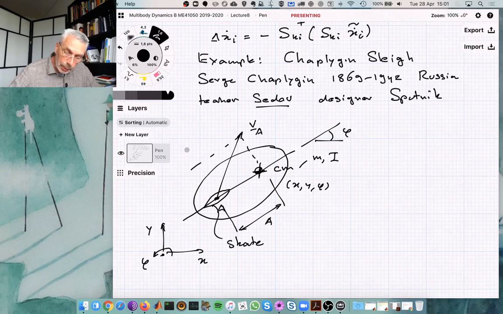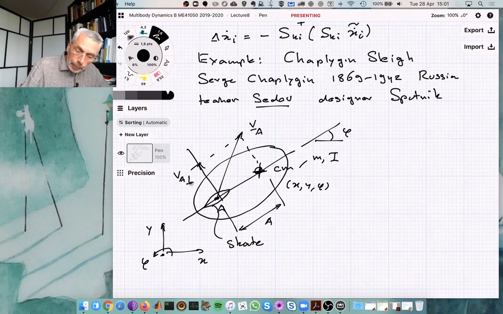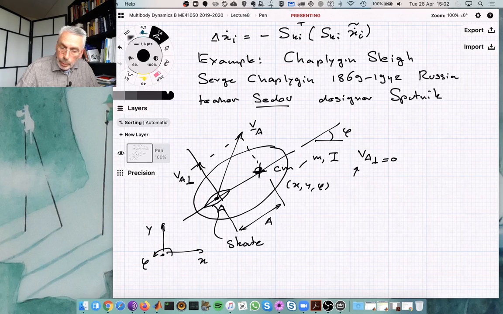Especially for this part of the velocity, this V_A perpendicular, we have to say that it should be 0. So V_A perpendicular should be 0, and that is our non-holonomic constraint.